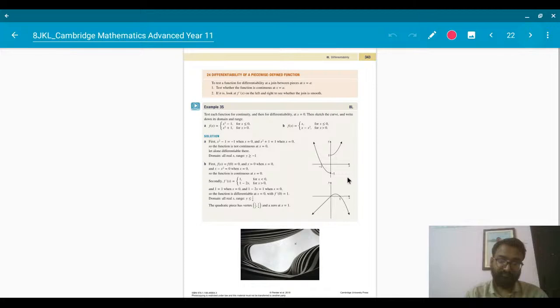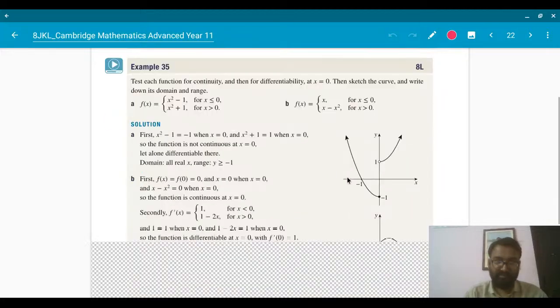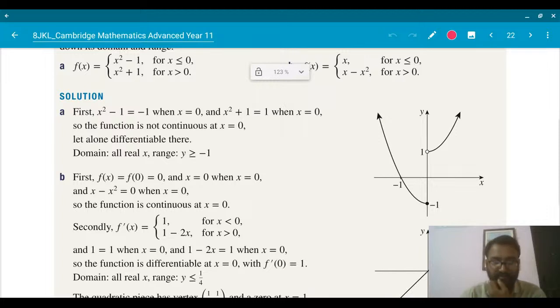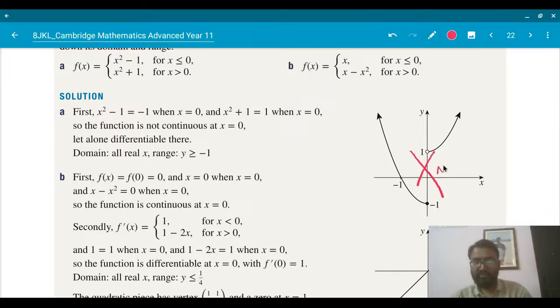Okay, so here the joints are different, differentiability. So here the function's continuity jumps, not continuous. I said every differentiable function is continuous. If it is not continuous, then it is not differentiable. See, it is logic.